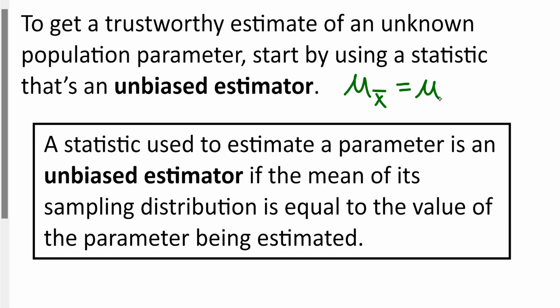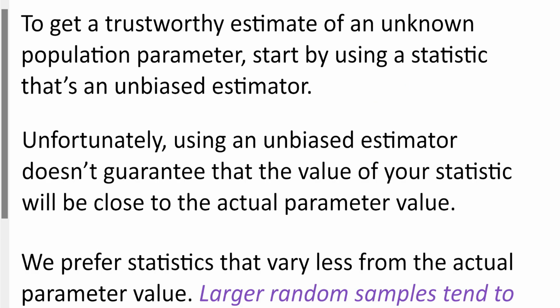That's considered an unbiased estimator. Again, not real easy to find. So to get a trustworthy estimate of it, we want an unbiased estimator. But unfortunately, using an unbiased estimator doesn't guarantee that the value of your statistic will be close to the actual parameter.